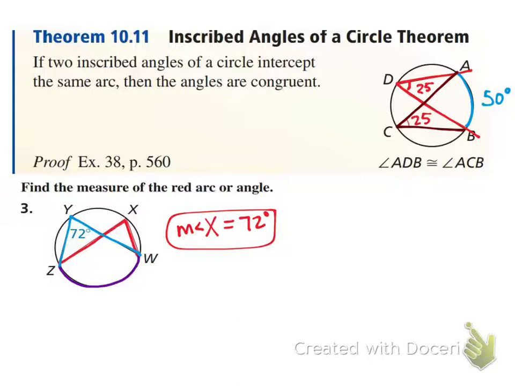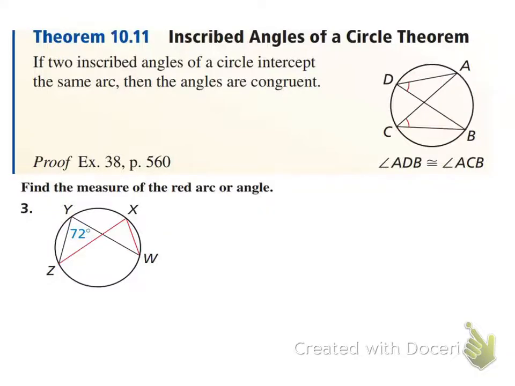And again, it's because if Y is 72, then ZW will be double that, which would be 144, which would mean this angle would be half that, which is still 72. So it's just a way to not have to do a bunch of work. But if they intercept the same arc, then they're congruent to each other.